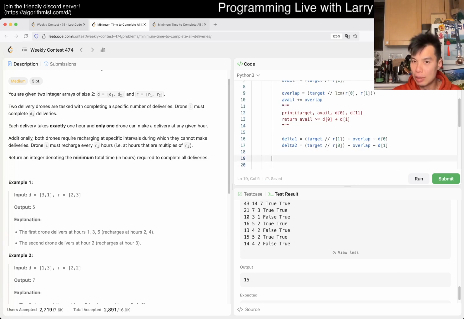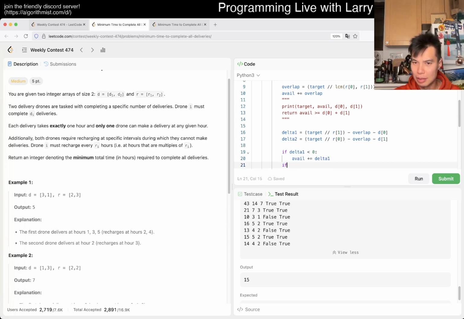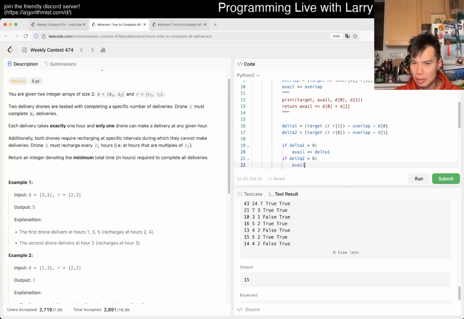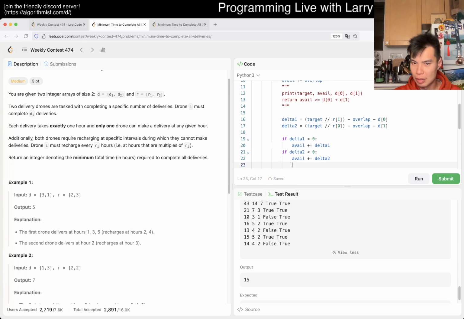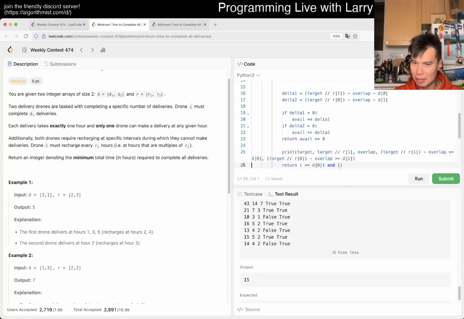So then now we return available is plus delta 1 plus delta 2 is greater than 0, maybe? No, that's not quite right. But okay, so if delta 1 is less than 0, then we, right? Something like this maybe.